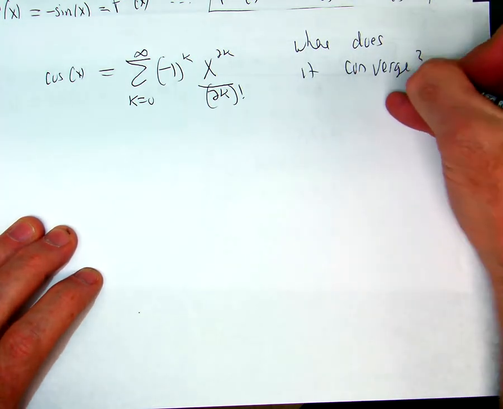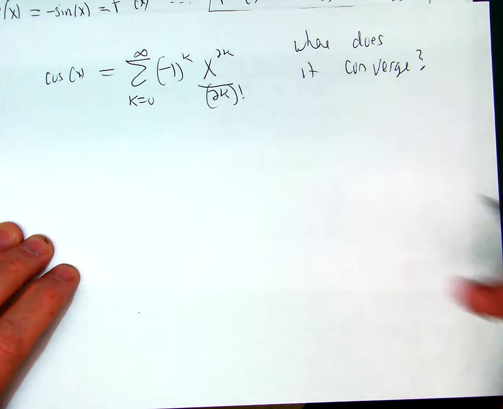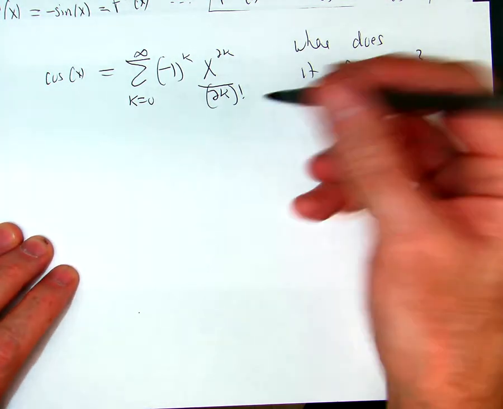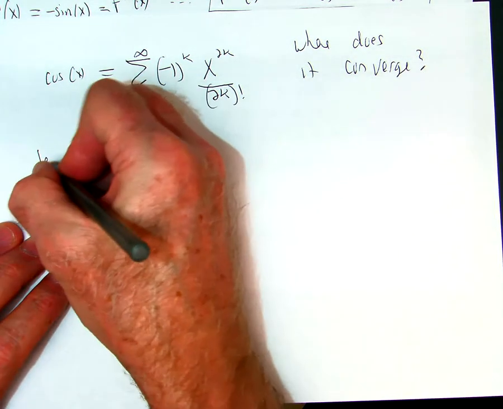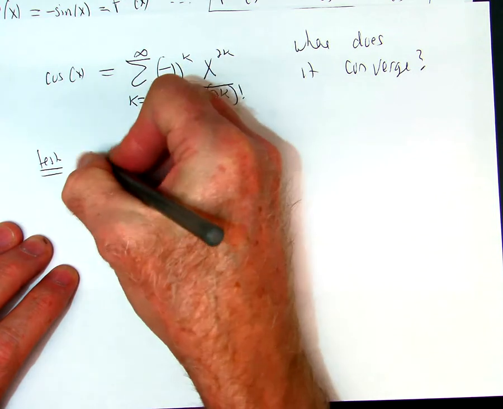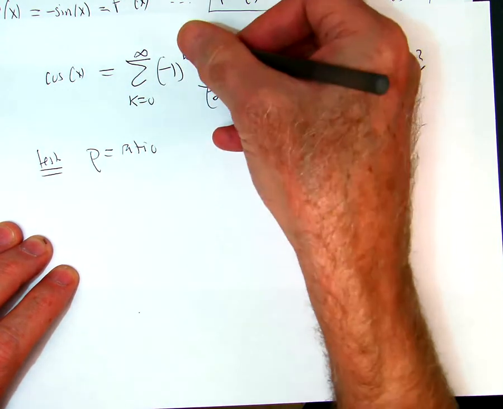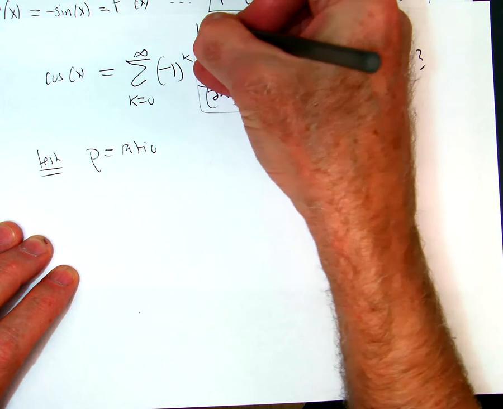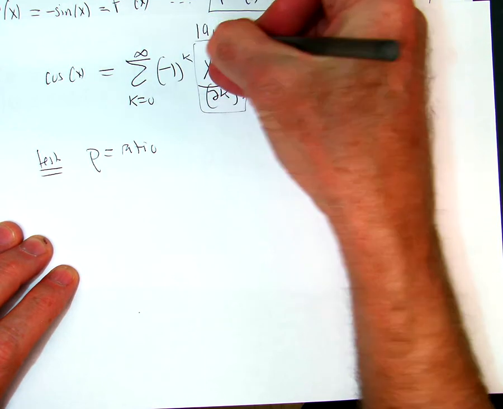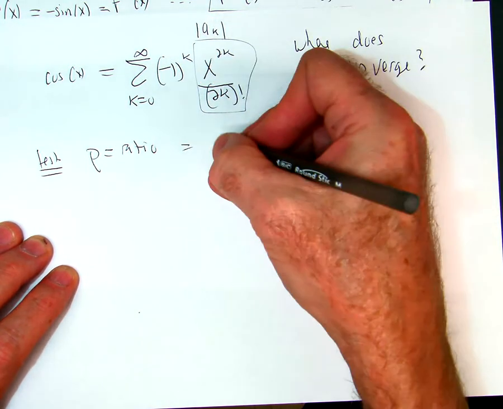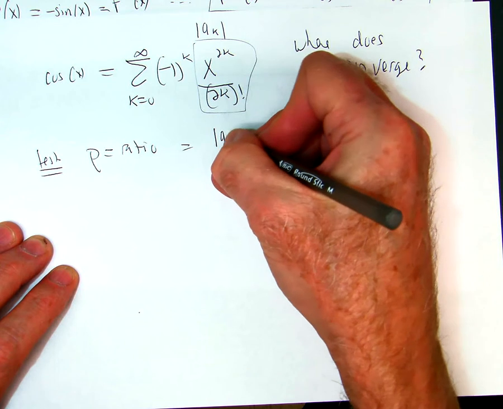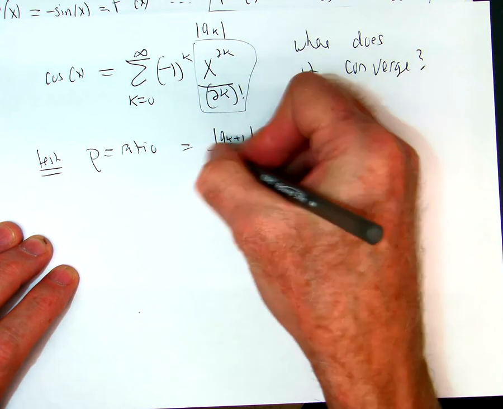Again, I'm not going to ask this on the test because I didn't really ask it in class, so it's not really fair for me to ask that of you. So I'm going to test this, and I'm going to use the ratio test. And it's going to be, this is my absolute a_k. So it's going to be equal to absolute a_(k+1) over absolute a_k.